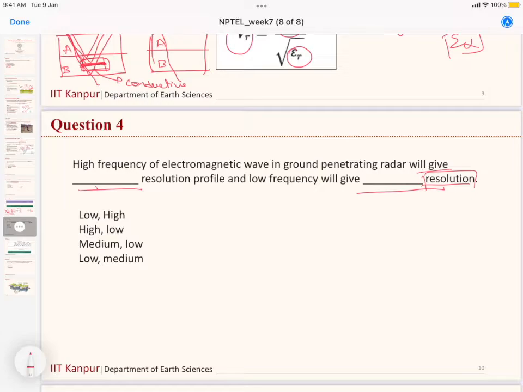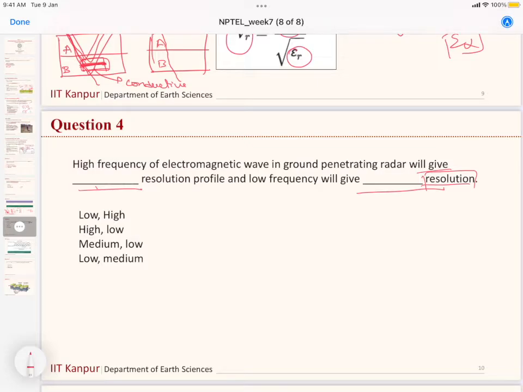Okay, let me first discuss resolution. Resolution means, in very simple language, the smallest object that any instrument can resolve.